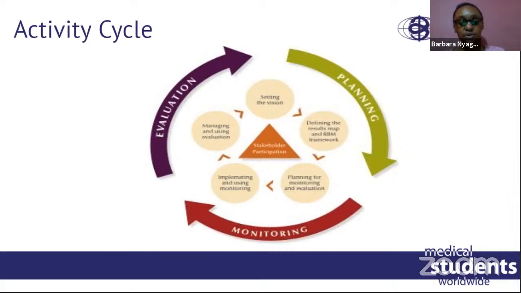And when you're doing the activity monitoring, you're planning how to monitor and evaluate. And of course, during the implementation, you're monitoring your activity. And finally, in the third component, the activity evaluation stage, you manage and use evaluation methods. And all through the activity cycle, you can choose to or not to involve stakeholders. Next slide.